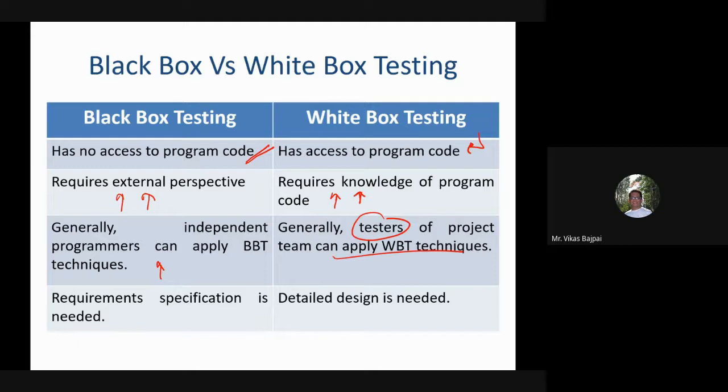The reason being that the white box testing team will be from the same set where the exact team has come from, so it would be a dedicated team from the entire project.